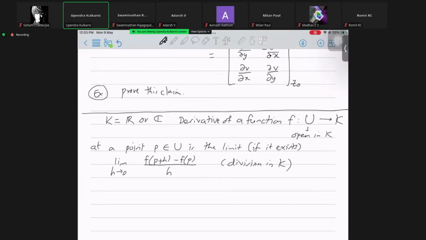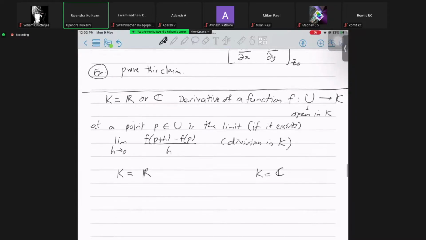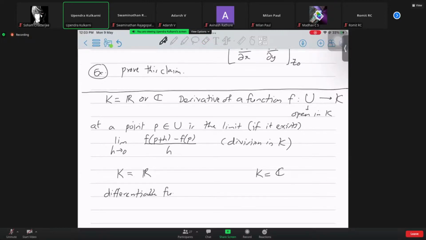So here is the contrast. If K is equal to R and then K is equal to C, and U is some open set.